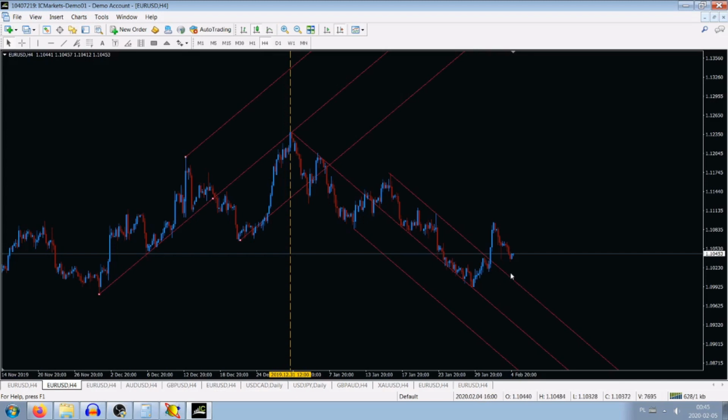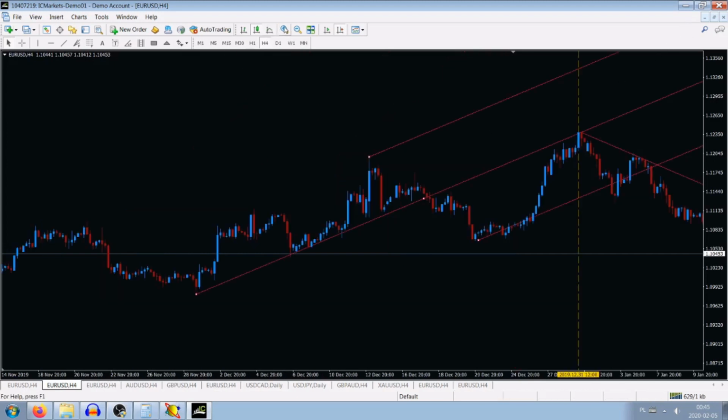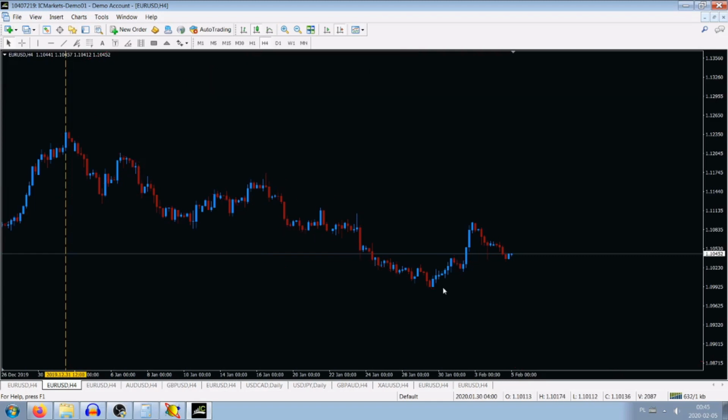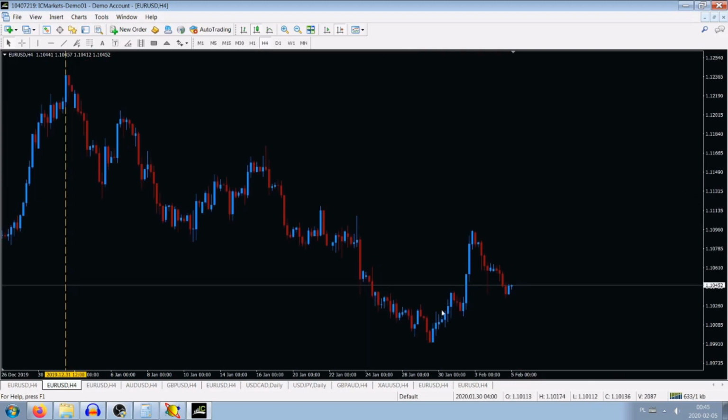Well, what might happen, the price might fall back here and start rising, but we can try to draw another line. If we presume that here started a new trend, and this is A, B, and C, we can draw another one.